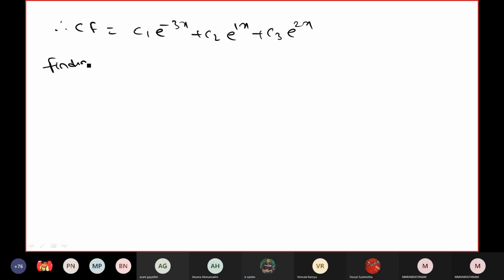So therefore CF is as above. Now we are going for finding PI.